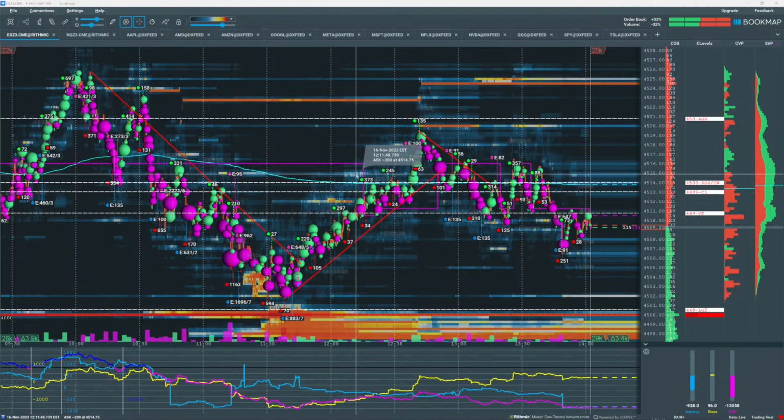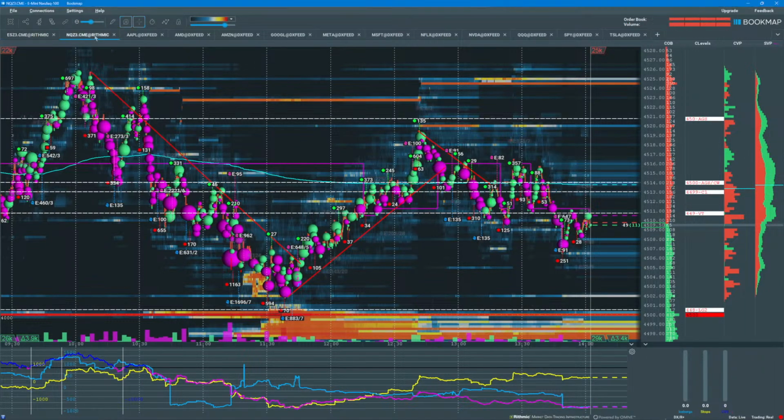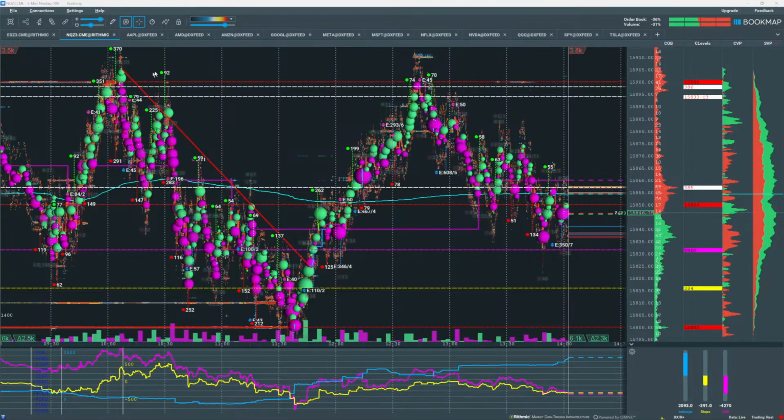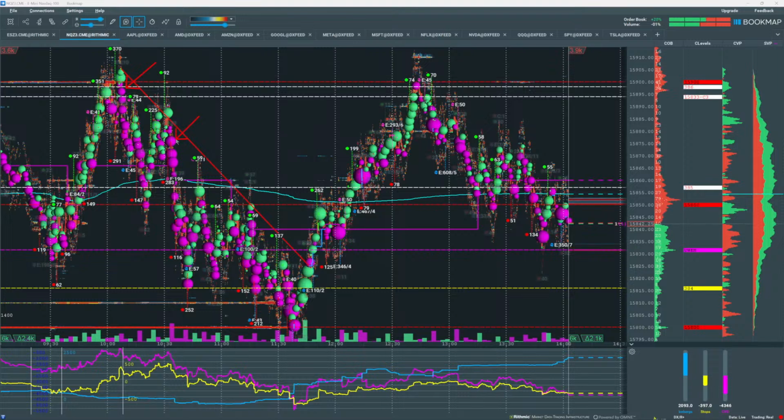All right, let's take a look at NASDAQ. Very similar setup. Initial reversal right around 10 a.m. Aggressive sellers shift from green volume dots to magenta volume dots, and then price makes a lower high, and aggressive sellers start to come in.